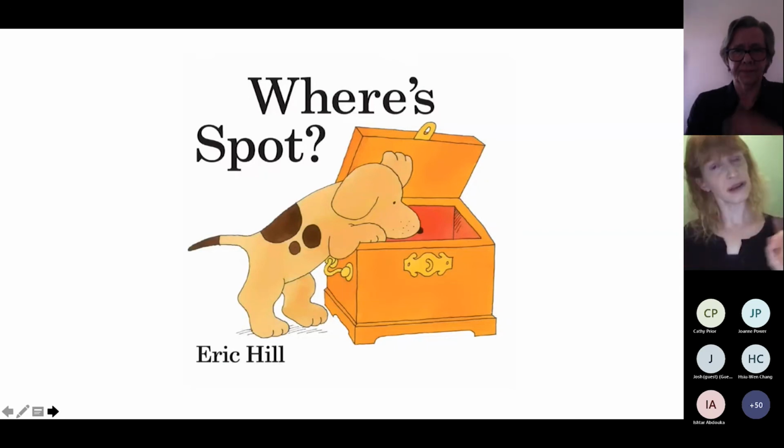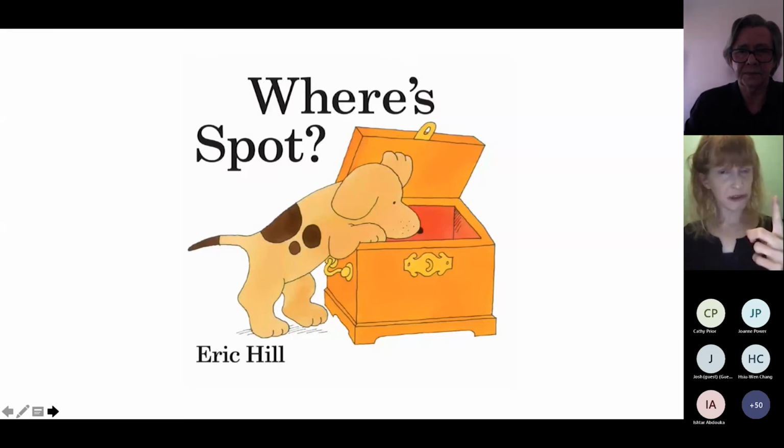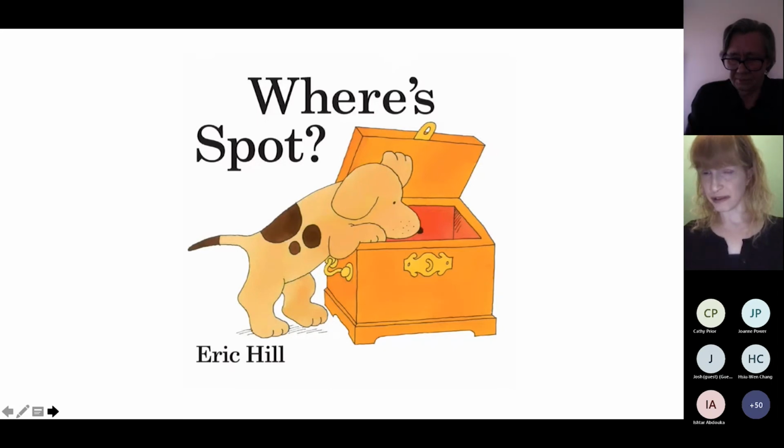We might say something like, what do you think she's looking for? And I did say earlier, think about making comments and not too many questions, but I think that's an appropriate question because we're prompting the child to think beyond the book, to infer about something that's happening on the page that's not directly represented.